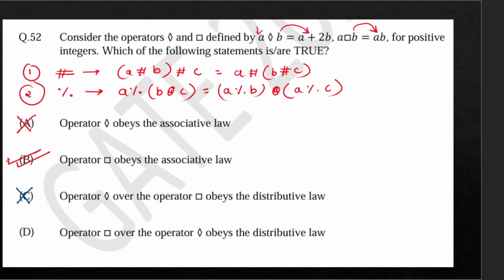Done everyone? So this question was purely on the concept of distribution and associative. Okay, so let's check for D.